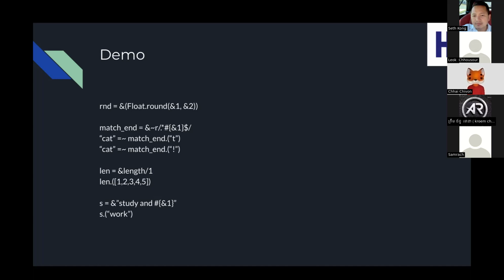When I call this function, I just pass in the word work, and then it will print out study and work. You see? Because when I put the ampersand sign in front of anything, that thing becomes a function. That's in Elixir, and we call this the capture notation function.